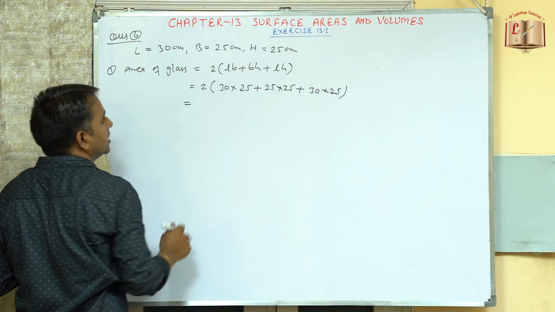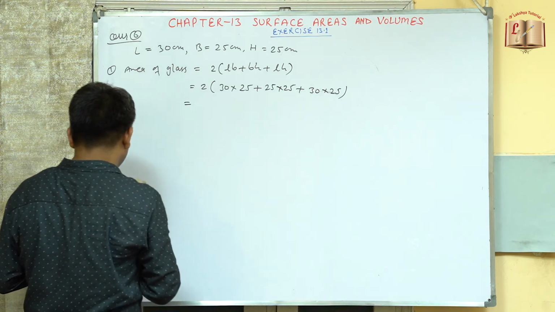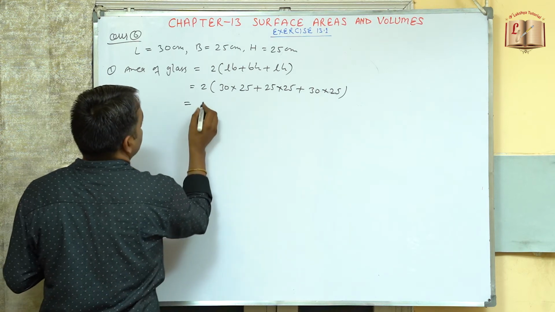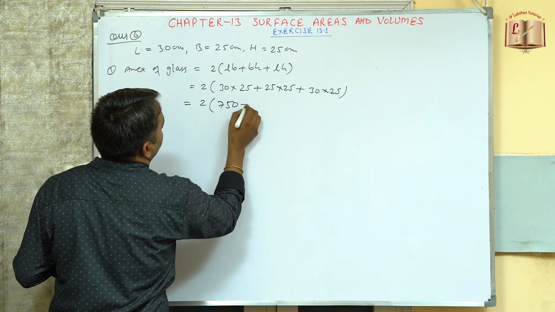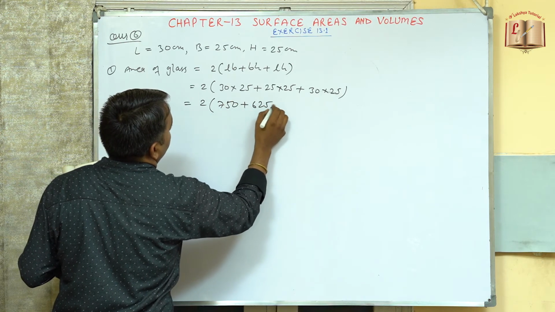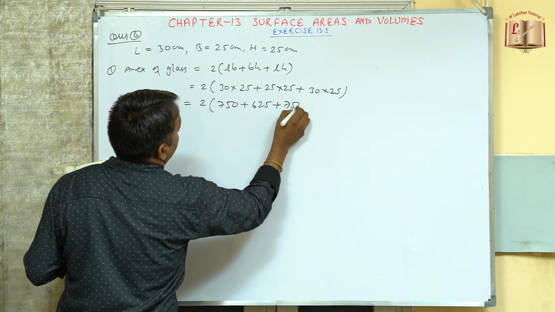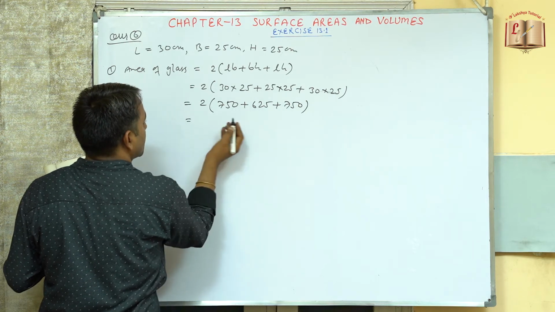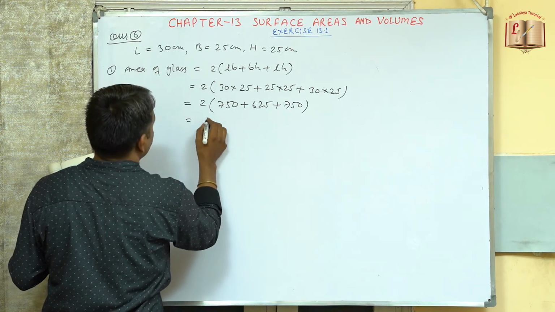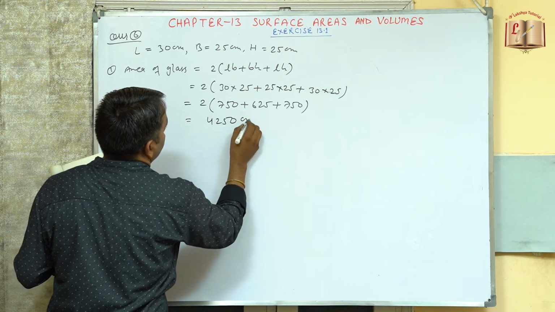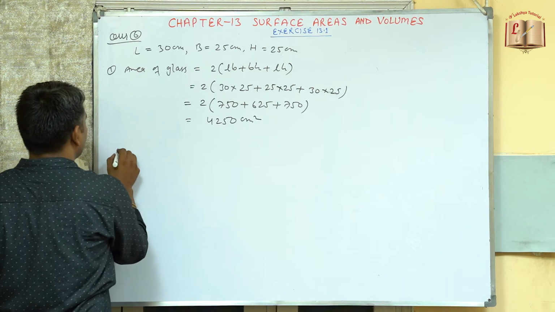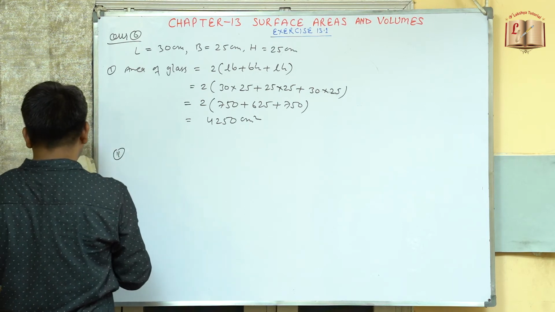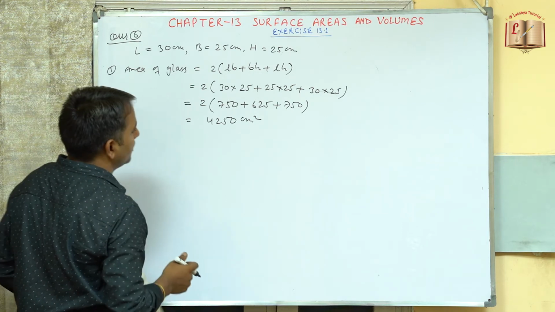Now we can calculate this. So this is now 2 times (750 plus 625 plus 750). On calculation we got 4250 centimeter square.